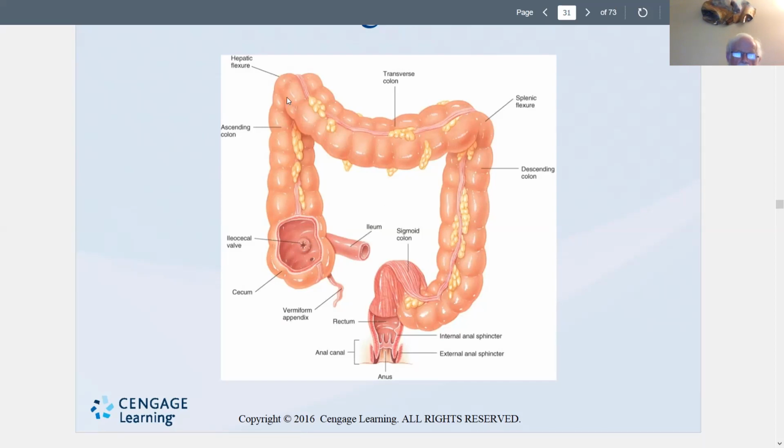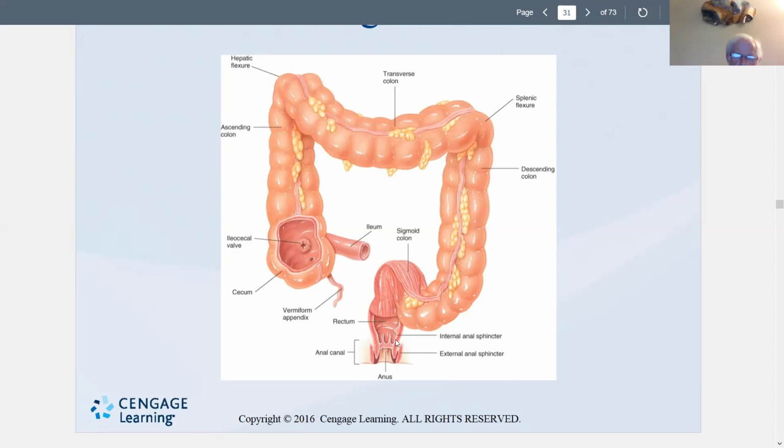And it bends to the left, goes across as the transverse colon to over by the spleen. It bends again at the splenic flexure, and then the descending colon until we get to the point where there's another rise, the sigmoid colon, going into the rectum.